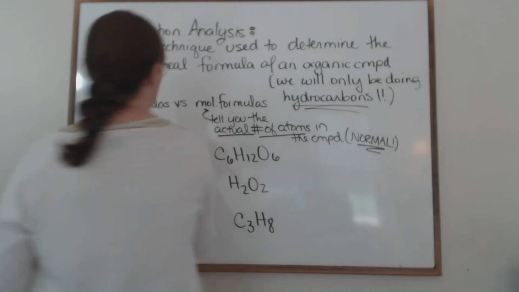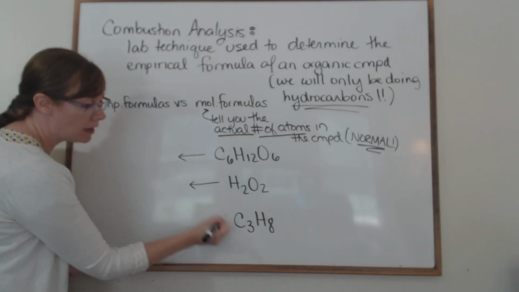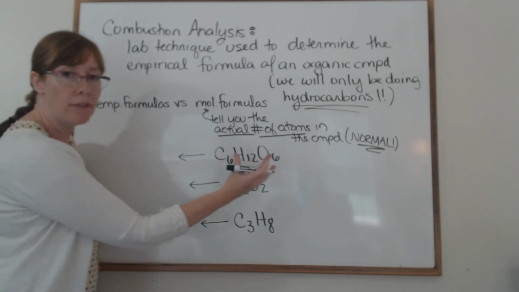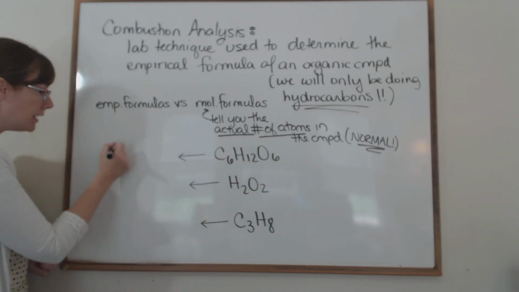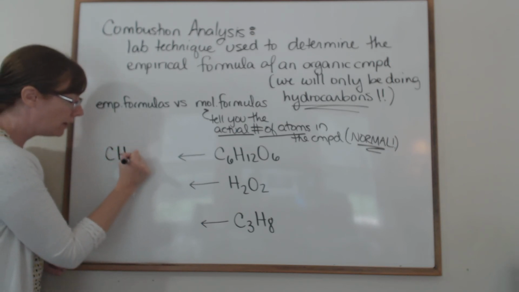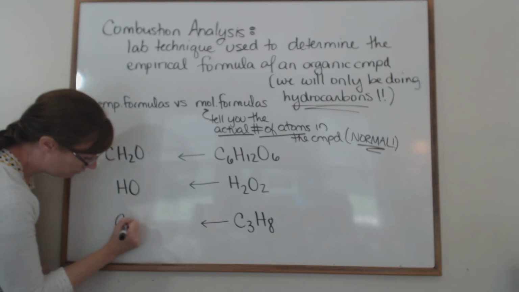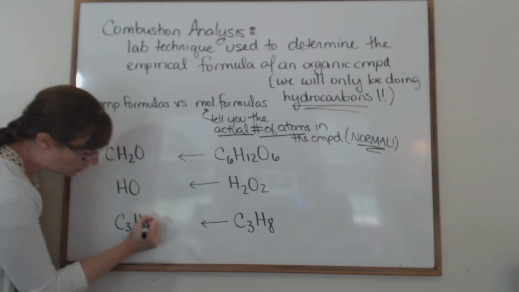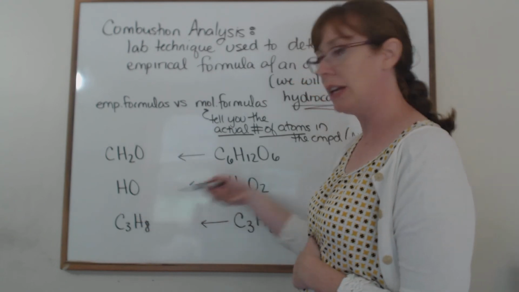When you come over here to empirical formulas, let me give you the empirical formulas of these three compounds. Because for every compound, you can write a molecular formula and an empirical formula. Let me see if you can discover what an empirical formula is. What I'm writing here are the empirical formulas for each of these compounds.